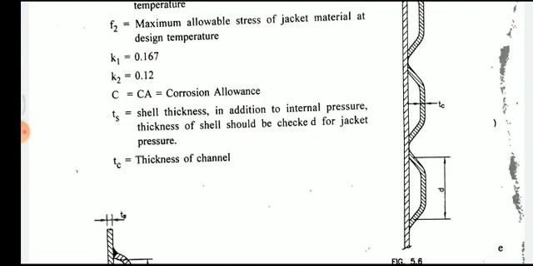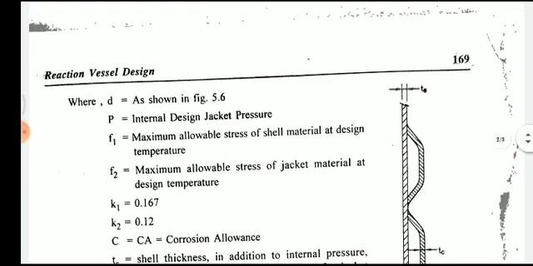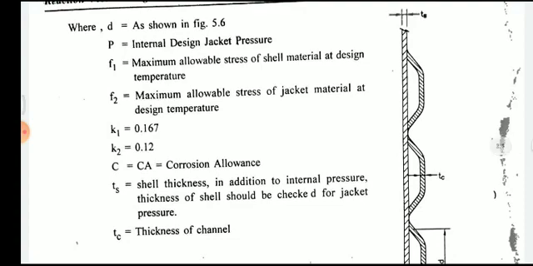Then what length should we consider? TC is the channel thickness and TS is the shell thickness. P is the internal design jacket pressure. F1 is the maximum allowable stress of the shell at the design temperature, and F2 is the maximum allowable stress of the jacket material at the design temperature.